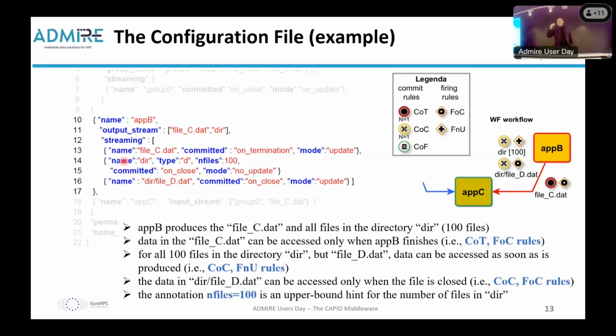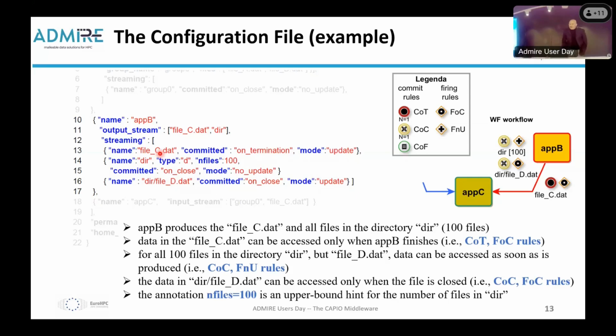Then for each of them, in theory, we can define a filing rule and a commit rule for each file. But in this case, we have a special rule for the file C: the commit is on termination and the filing is on close. What does that mean?